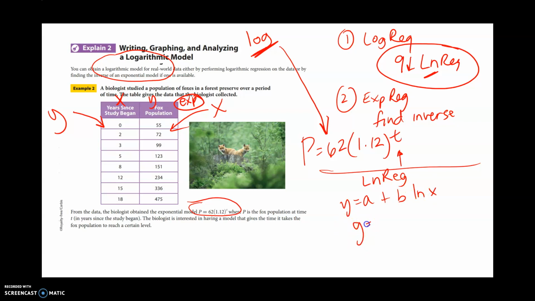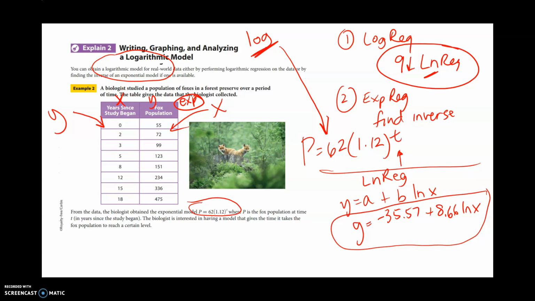So it's y equals negative 35.57 plus b 8.66 ln of x. So this is a natural log regression of this data.